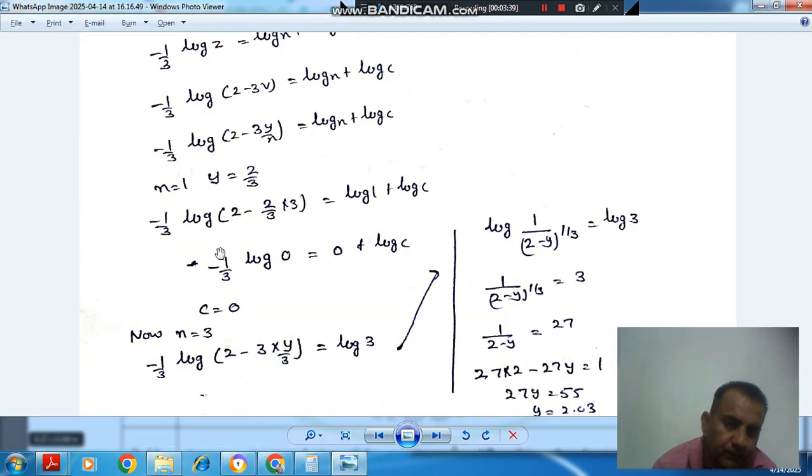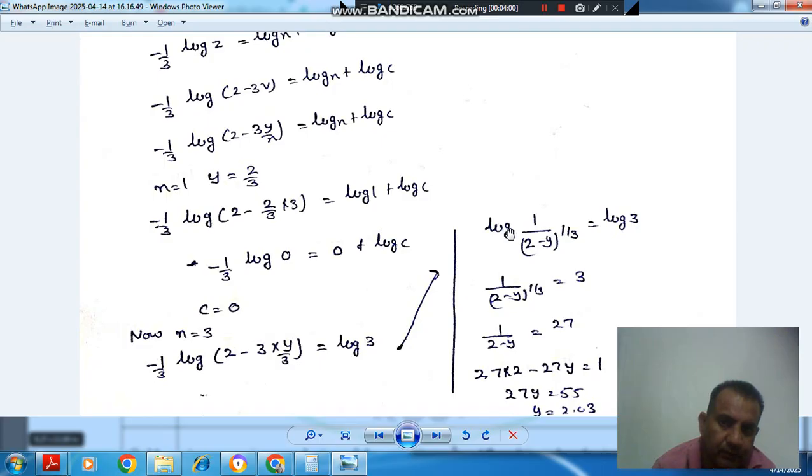Now because this term is 0, we have this equation up to this. Now we put x equal to 3, so this will be -1/3 log (2 - 3 into y/3), or 3 will cancel out, equal to log 3.